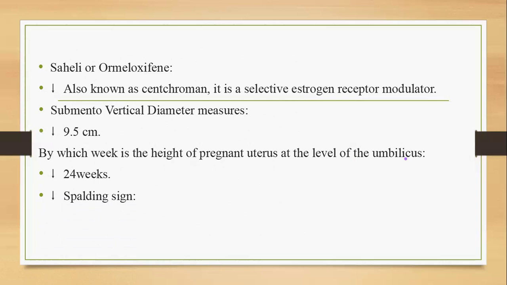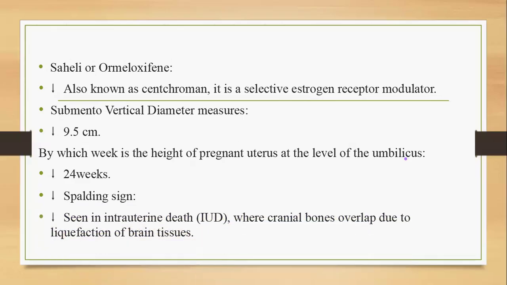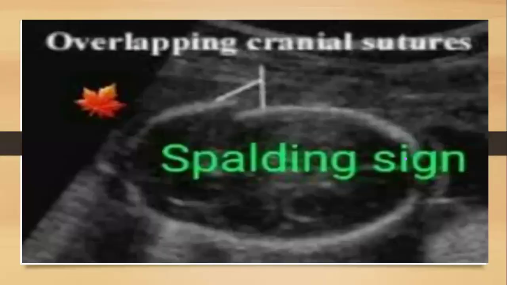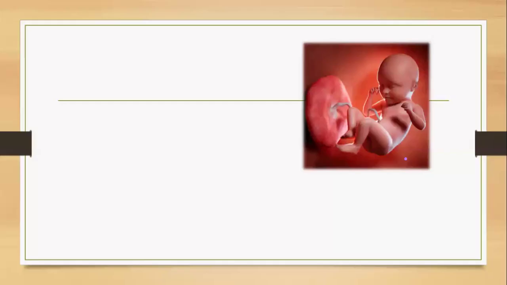In which case do you think you will see Spalding sign? Spalding sign is usually seen in a baby who is an IUD, intrauterine death. The cranial bones overlap due to liquefaction of the brain; this is known as Spalding sign, seen in a baby with IUD, with overlapping cranial sutures.